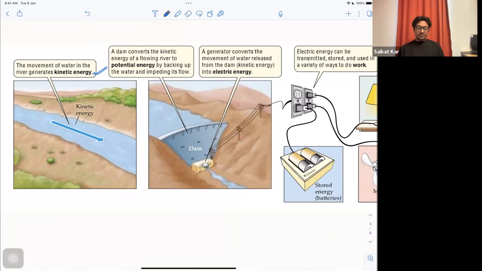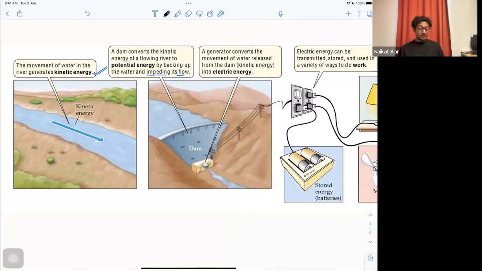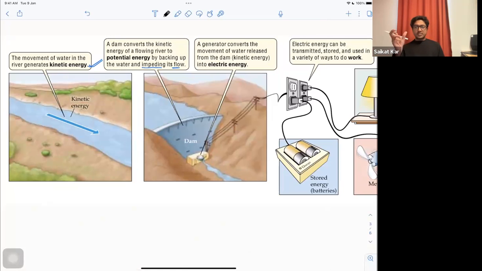As the dam is impeding the flow of the water, the kinetic energy of water is transferring into potential energy. And whenever we open some section of that dam, the movement of water released from that dam is converted into electric energy with the help of a generator.